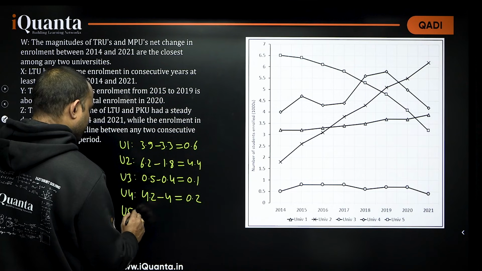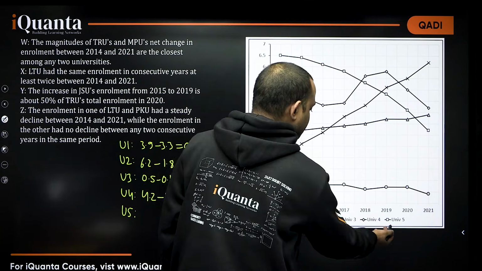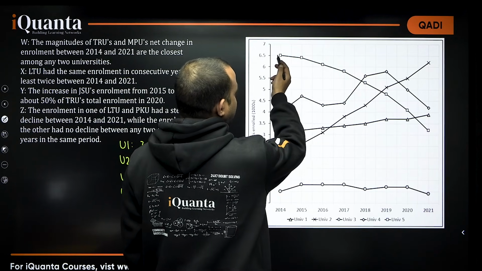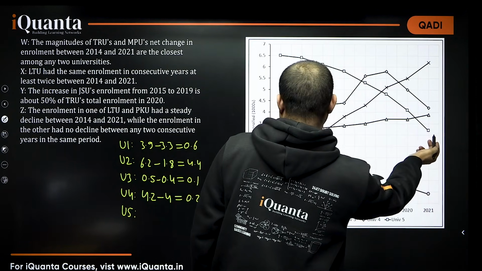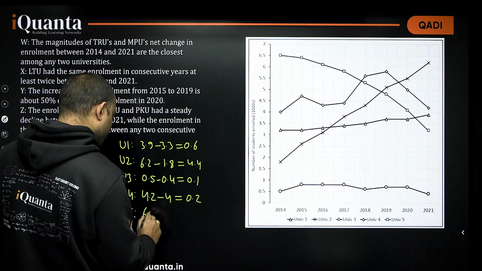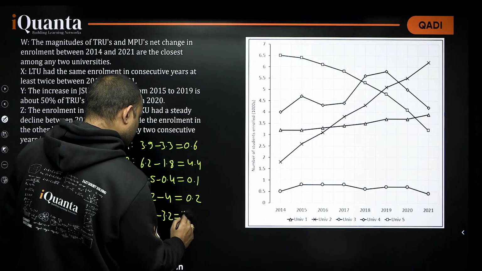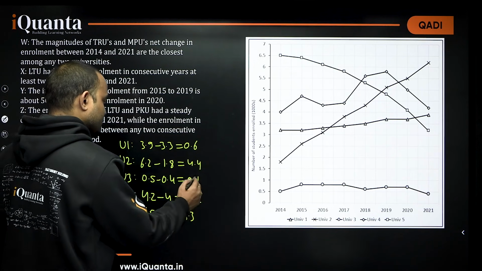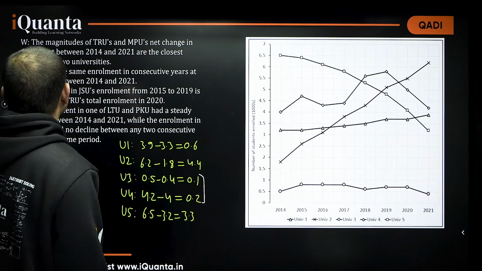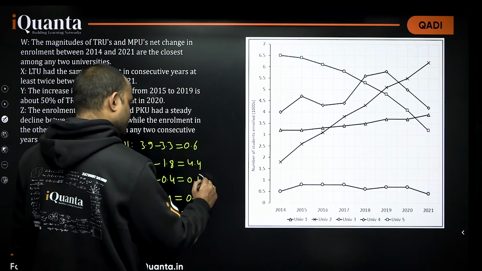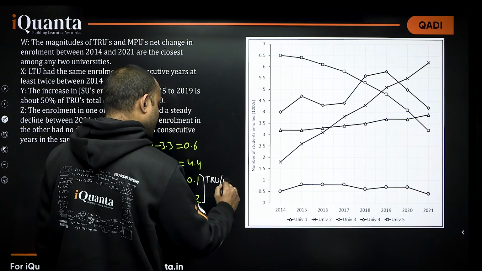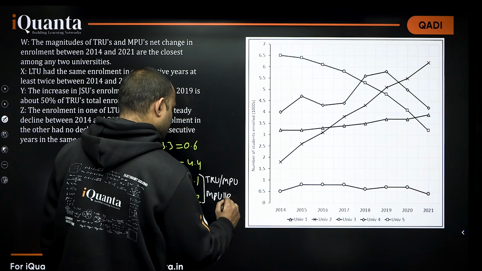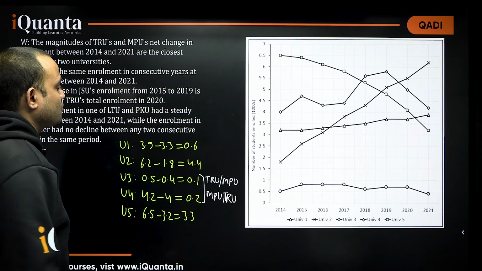And University 5, the square, is 6.5 to 3.2, 3.3. Now, the 2 closest ones are these 2. One of them is TRU, MPU. So, TRU or MPU, MPU or TRU. This is what we have so far.